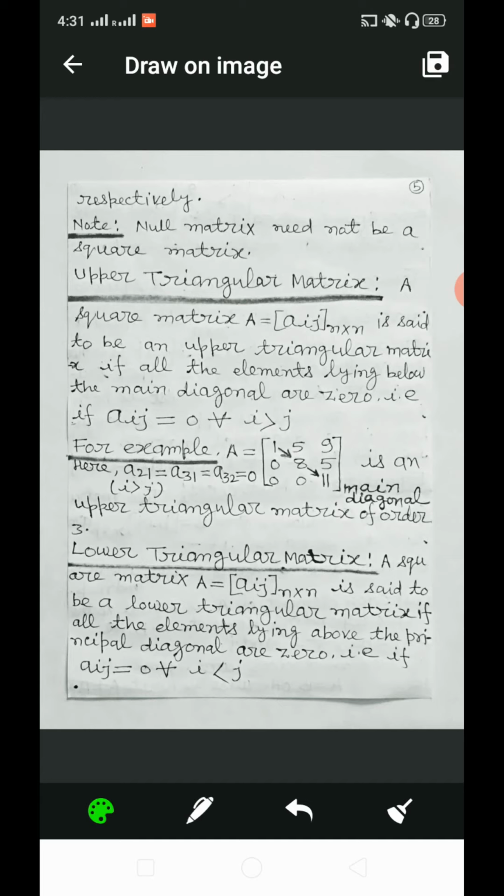Dear students, note that a null matrix need not be a square matrix. Now we discuss upper triangular matrix.